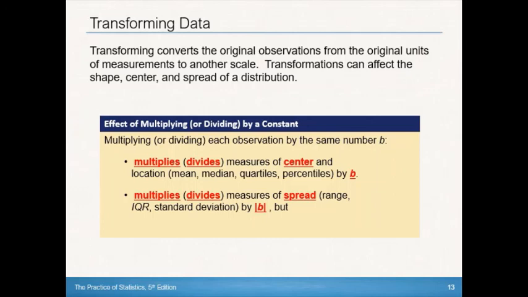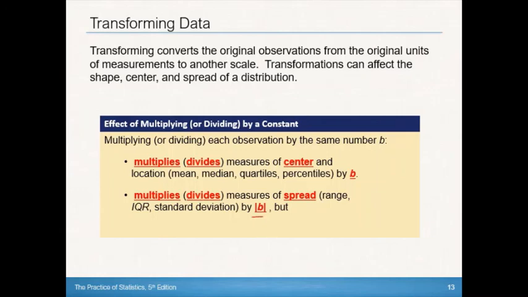Now, one little caveat here is that if you're going to multiply, you might be multiplying by a negative number. I can't think of an example off the top of my head, but if you're multiplying by a negative number, measures of spread cannot be negative, right? So the spread was 32. Notice I'm not just going to take that and multiply by B, which might be negative.